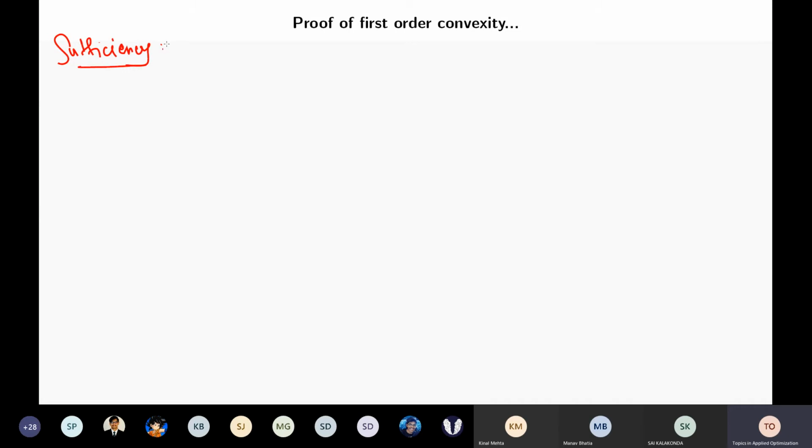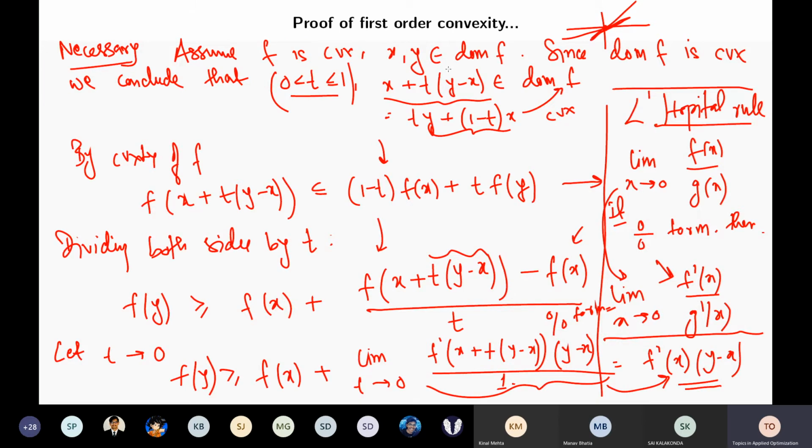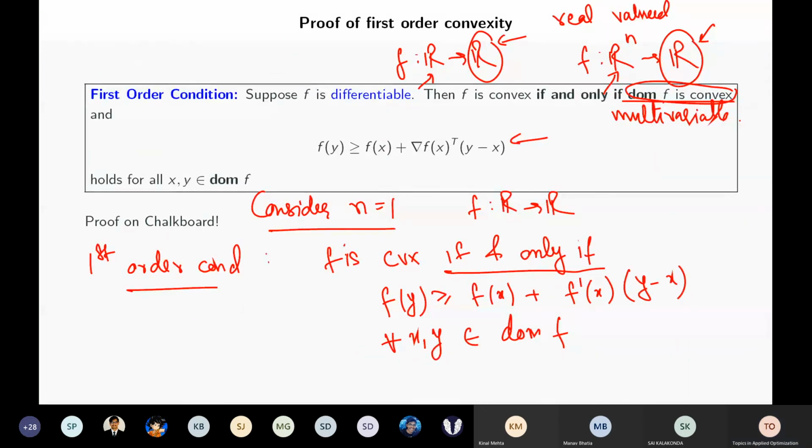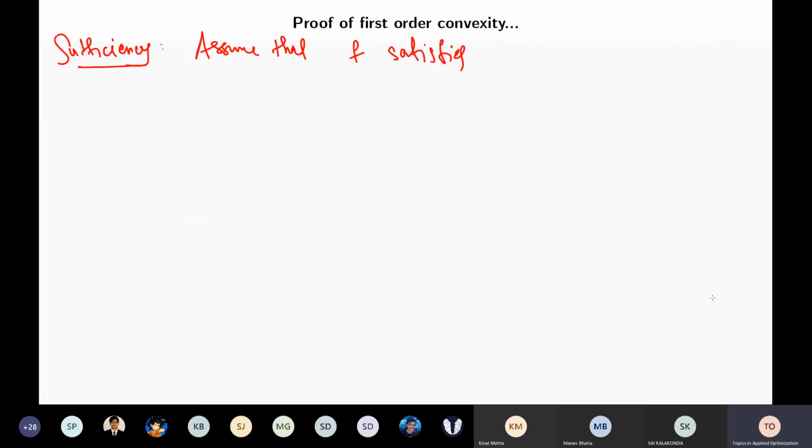Sufficiency criteria is: assume that the function f satisfies the first order criteria. Let me give this as 1. So assuming that f satisfies 1 for all x comma y in domain of f.